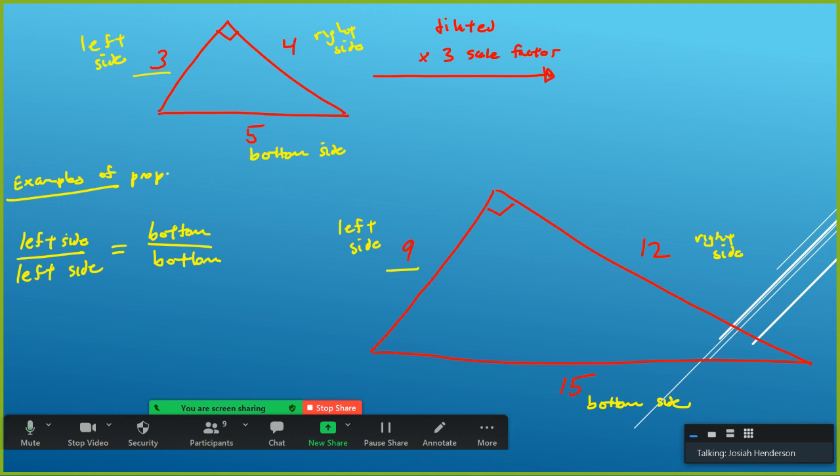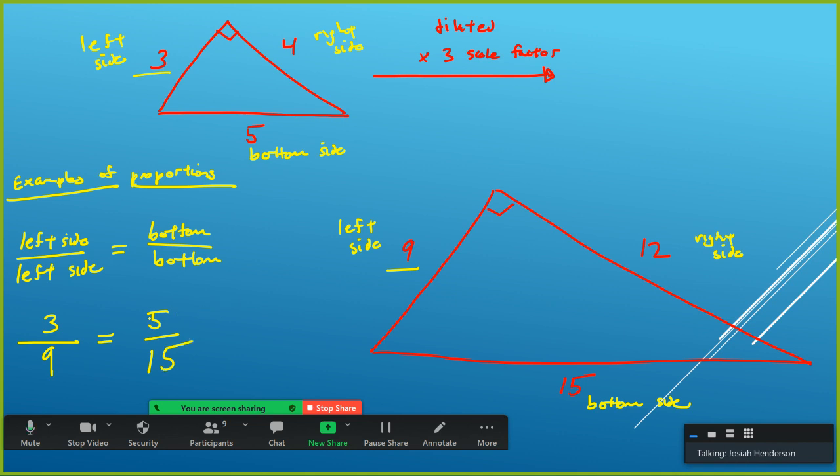We'll look at the numbers and see why this works, see why this is true. So let's try it with left side, bottom side, bottom side. For instance, the left side of our small triangle was 3. Left side of the new version, the dilated, is 9. And then bottom side of the first small triangle was 5, over bottom of the new one is 15.